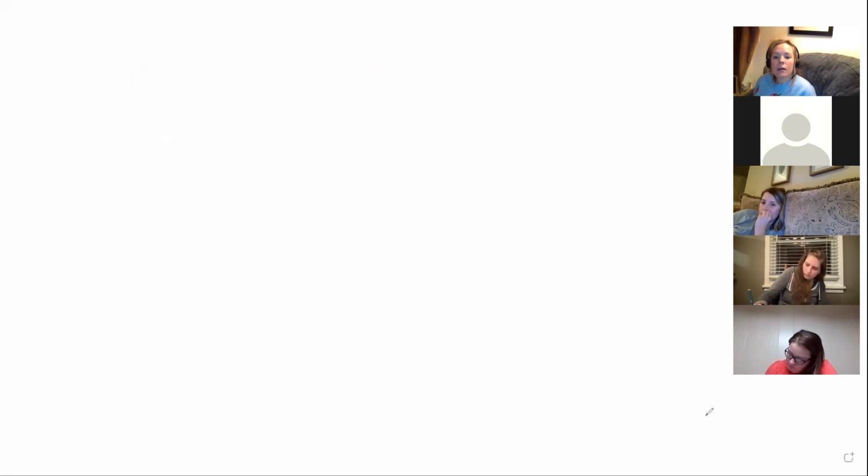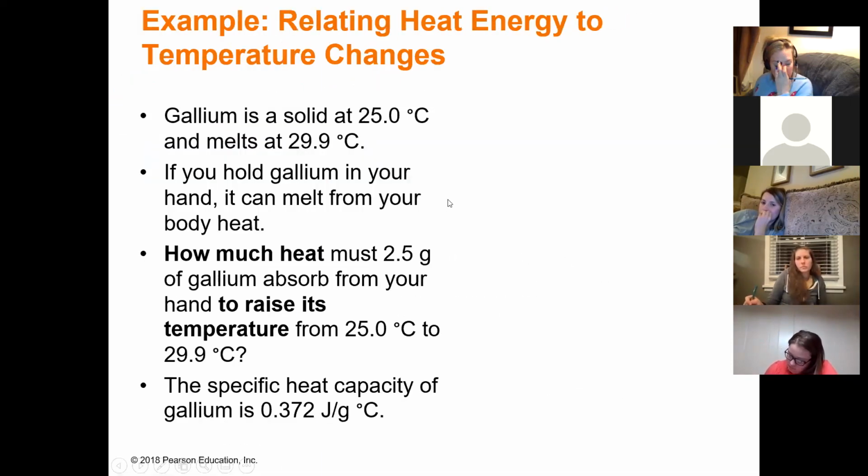Look at this here. Gallium is a solid at 25 degrees Celsius, and it melts at 29.9 degrees Celsius. If you hold gallium in your hand, it can melt from your body heat. How much heat must 2.5 grams of gallium absorb from your hand to raise its temperature from 25 degrees Celsius to 29.9 degrees Celsius?